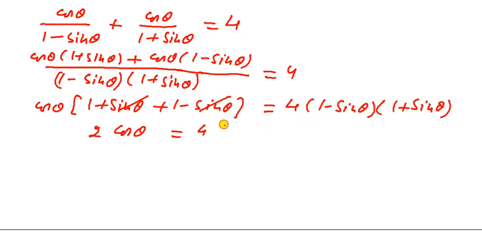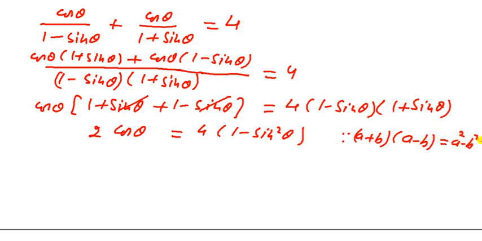So sin theta will cancel out, and we get 1 plus 1, that is 2, so we can say it is 2 cos theta is equal to 4. The denominator is 1 minus sin square theta, because a plus b and a minus b will be equal to a square minus b square. So you can use this formula.